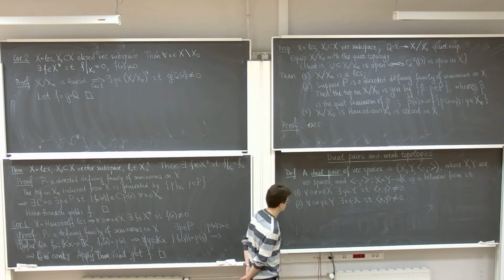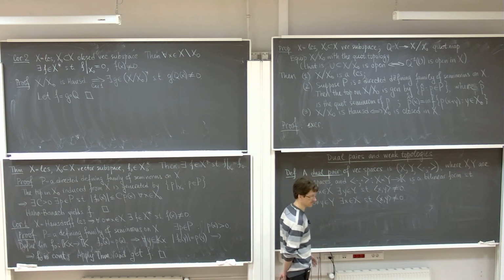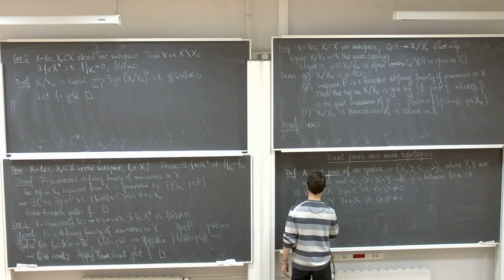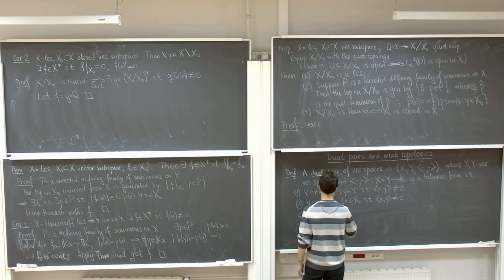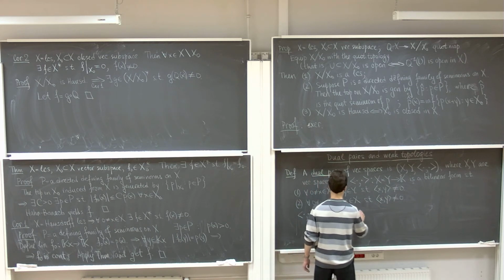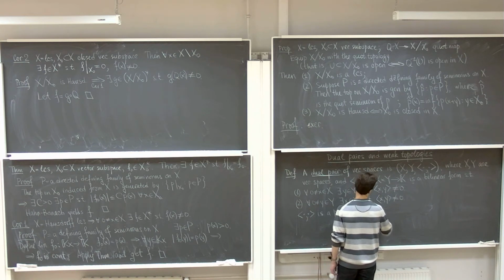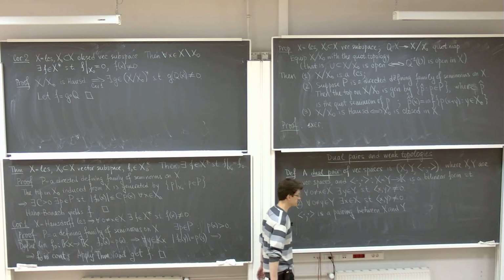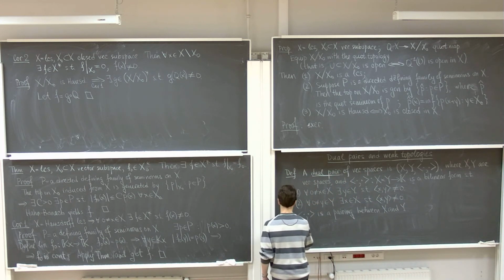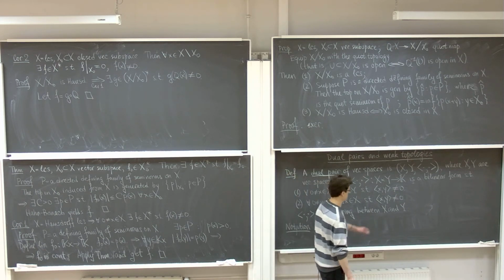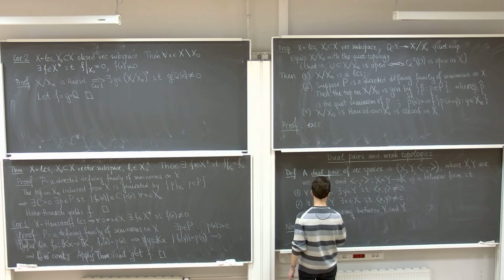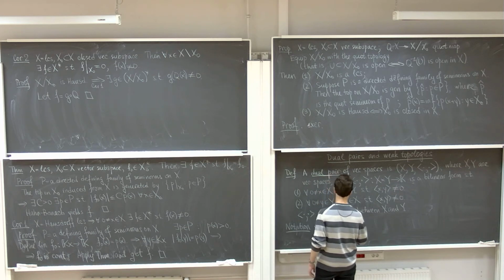If we have a dual pair, then this bilinear form is usually called the pairing between X and Y. And we will use the following short notation. Instead of writing this triple, we write X and Y in angle brackets. This is just a short notation for a dual pair.